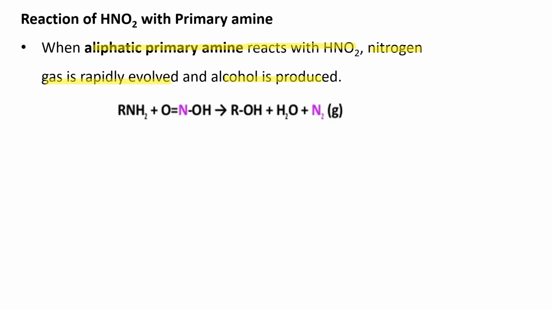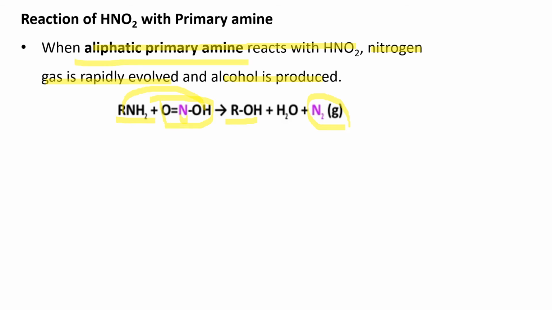See, the primary amine RNH2, which is a primary aliphatic amine, when it reacts with HNO2 or nitrous acid, it forms an alcohol, that is ROH. Along with that, nitrogen gas is evolved. So this indicates that it's a primary aliphatic amine. So why am I saying primary aliphatic amine?